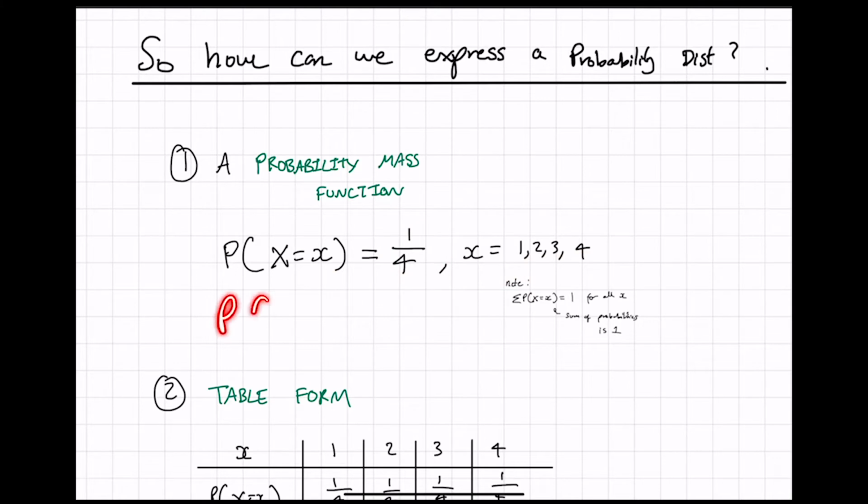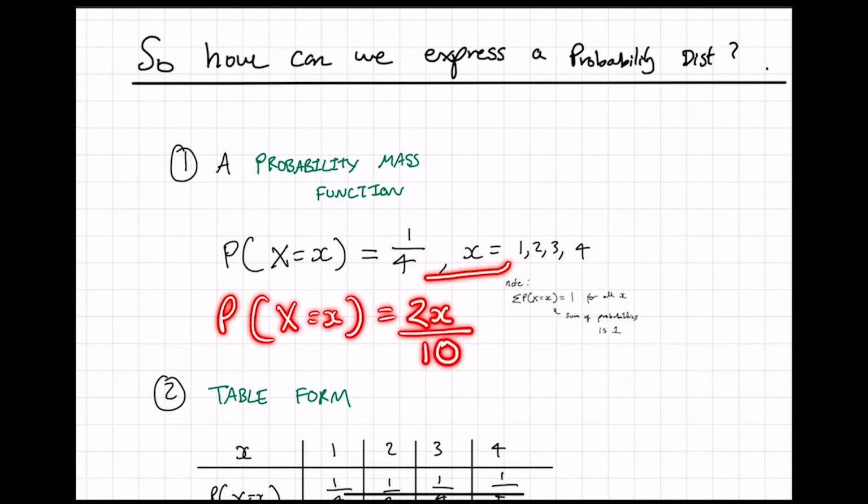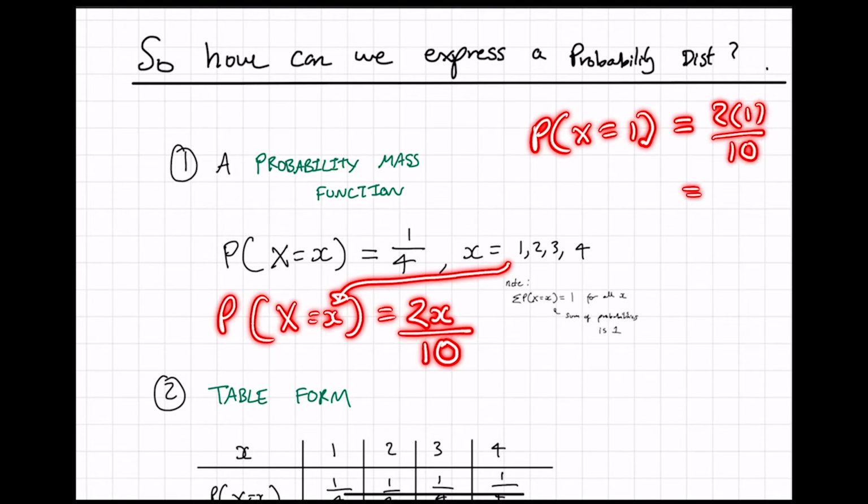If you imagine the probability of X being x was, let's say, 2x divided by 10, I'm just making that up on the spot, then if I put in, for example, 1, the probability that X equals 1 is going to be 2 times 1 over 10, which is 2 over 10, which is 0.2.